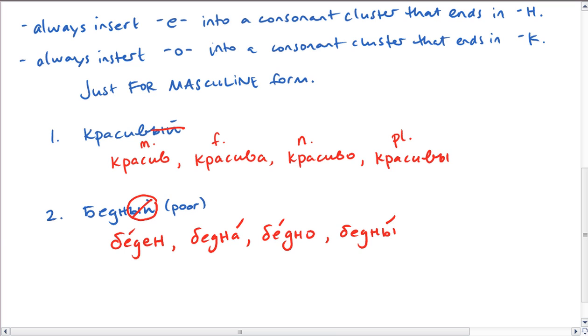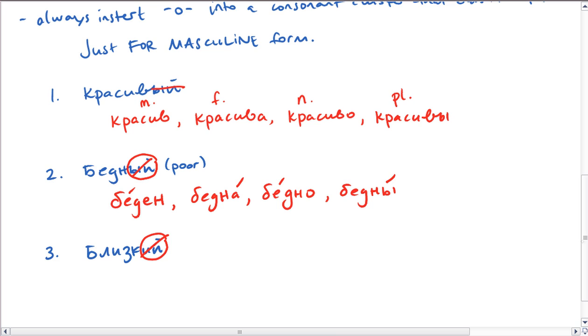And then look at one more. Близкий. So near. We're going to get rid of this ending. And again, you'll notice that there's now a cluster of consonants, ending in к this time. So we're going to insert an о for the masculine form.